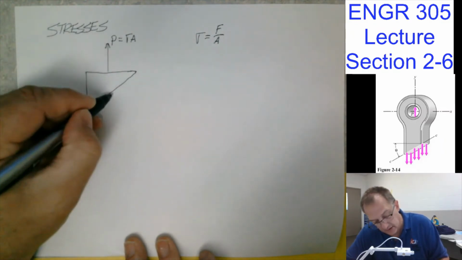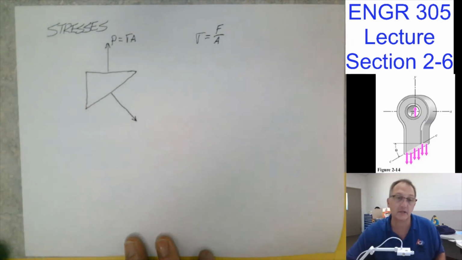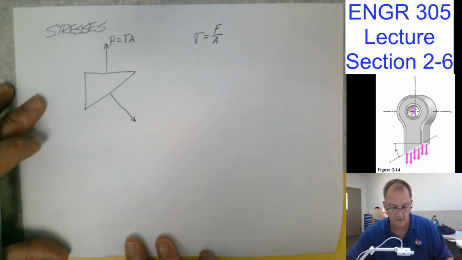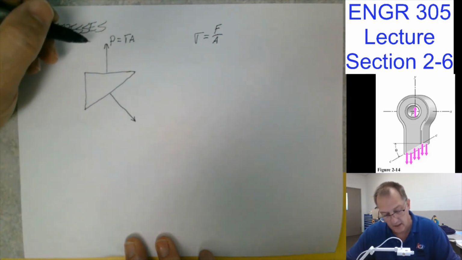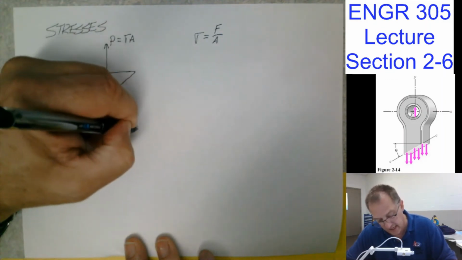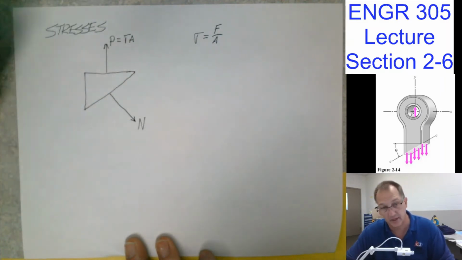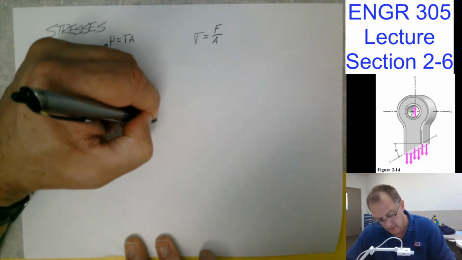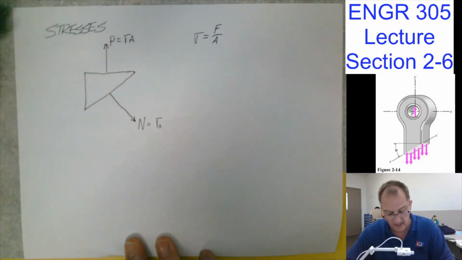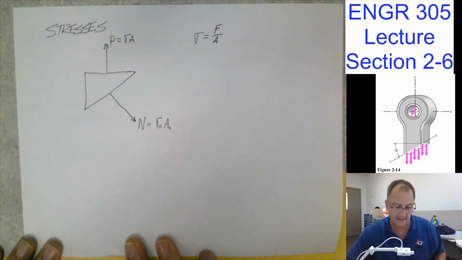And similarly, I'm going to have a stress in this direction, right? This has this force N, and that's going to be equal to the stress in that direction times the area in that direction.